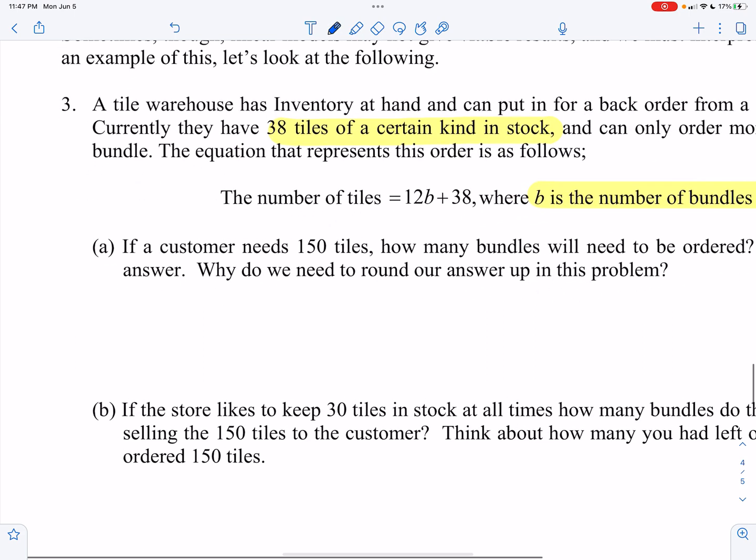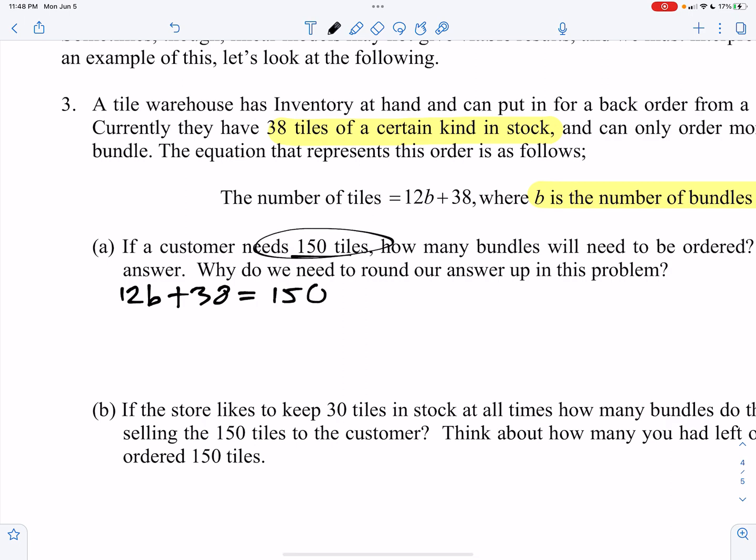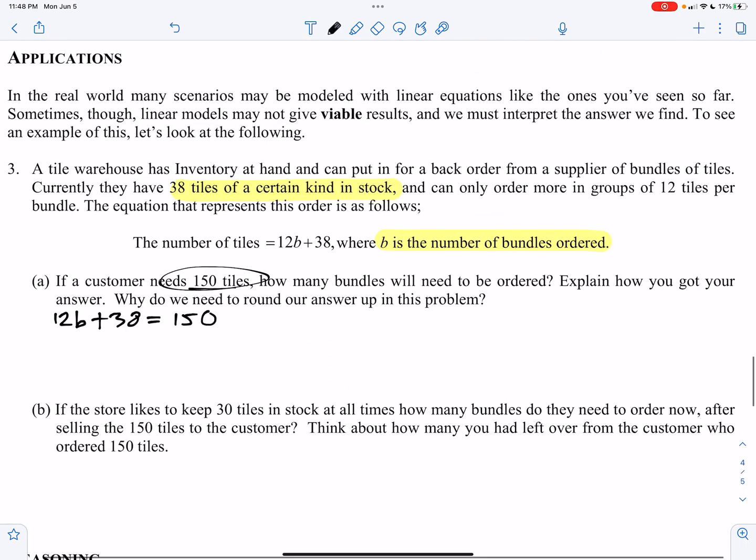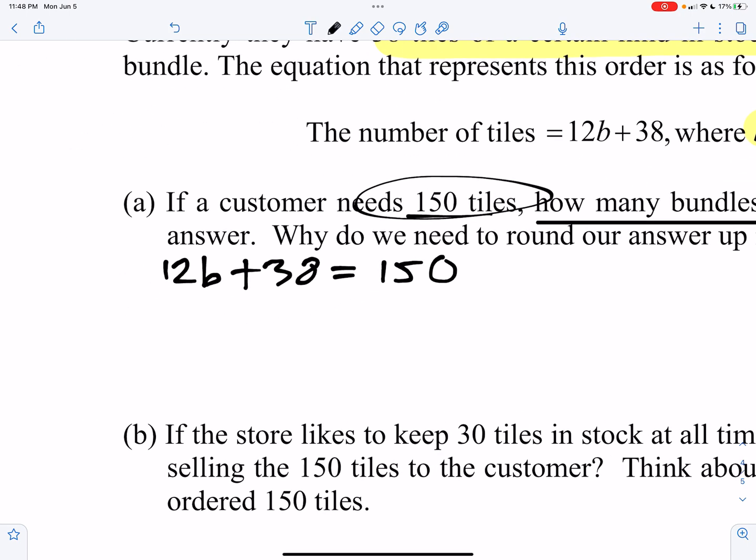So 38 plus 12 times however many bundles there are is going to equal 150 tiles, the number of tiles. Well, let's solve this for b so we can figure out how many bundles need to be ordered. So there's 2 steps to this, of course. We're going to go ahead and subtract 38.